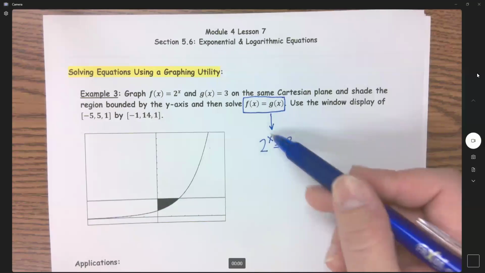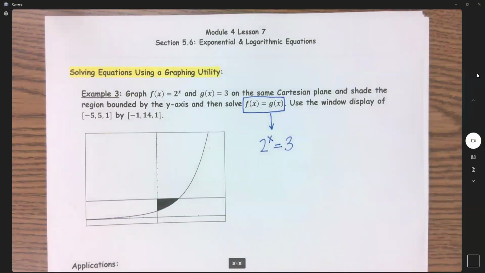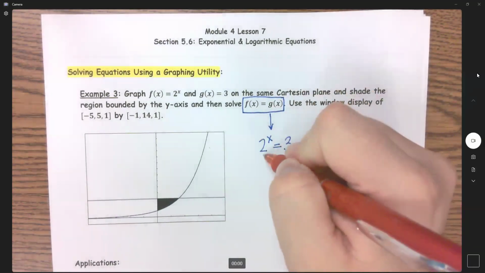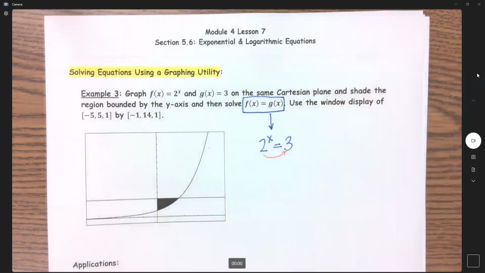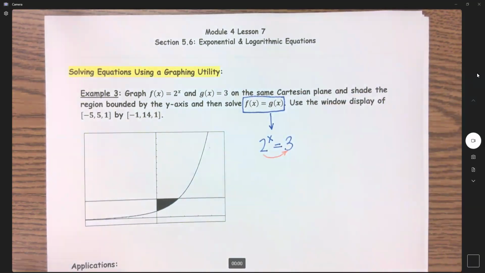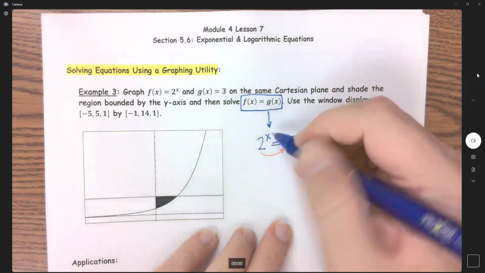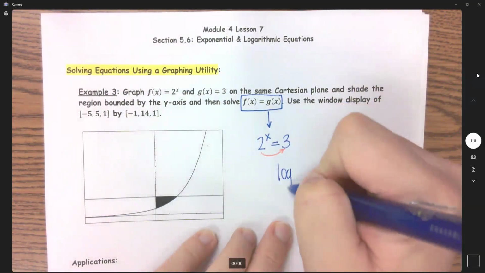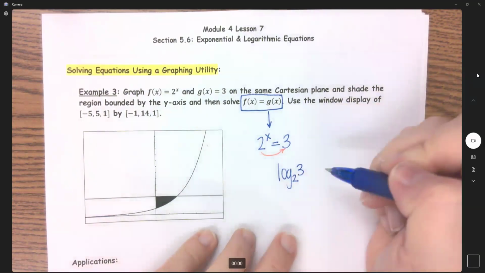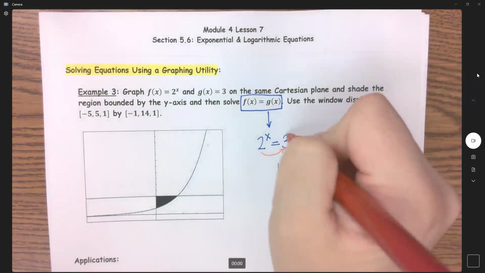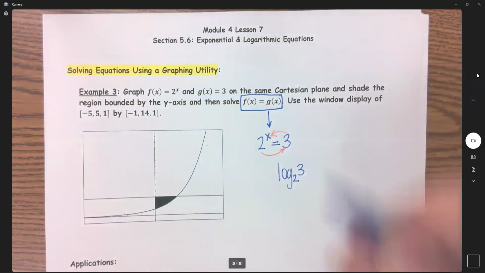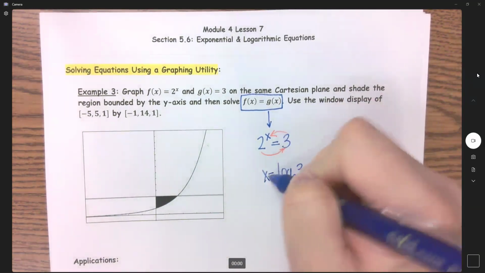Well, my exponential portion is already isolated, so let's now rewrite it. We go base to the other side of the equals. So this is an exponential with a base of 2, so this is log base 2 of 3, and it equals x. I'm going to put my x on the other side.